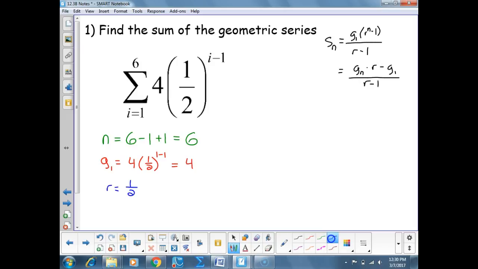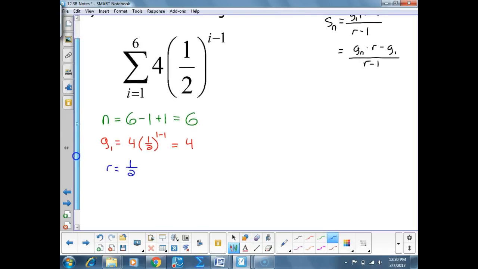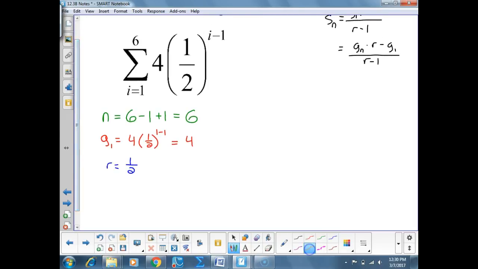Now I've got enough to use the top formula, right? If I wanted to use the bottom formula, I would find G sub n, and I'd plug in 6 into this formula. 4 times 1/2 to the 6 minus 1 power. 6 minus 1 is 5. 1/2 to the 5th power is 1/32.